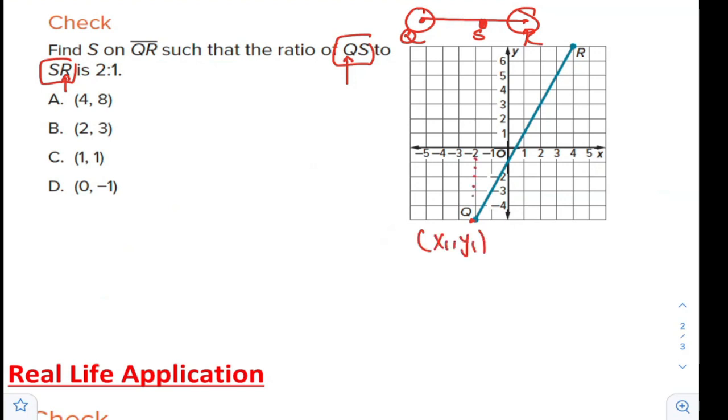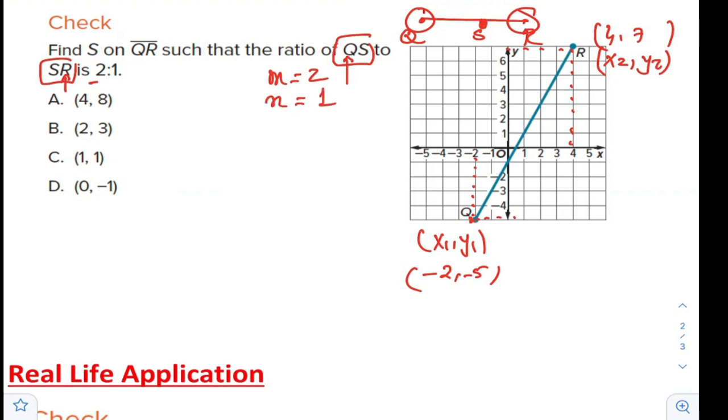If you check the coordinates, it is -2 and -5. Now R is 4 and 7, and this will be X2 and Y2. You are asked to find the location of the point between them, which is S. Our M is 2 because it's M to N in order, so N is 1.